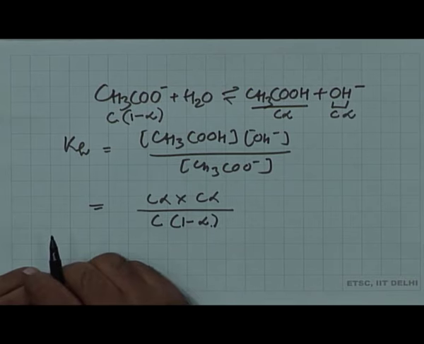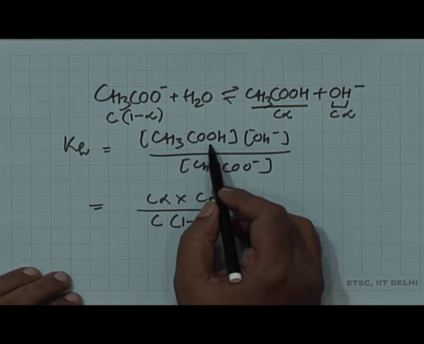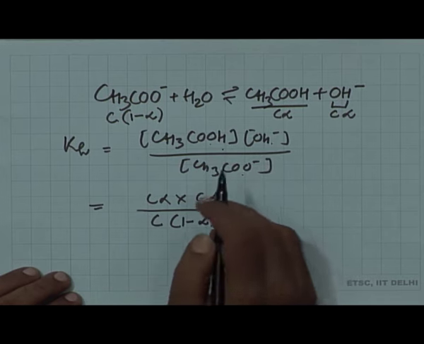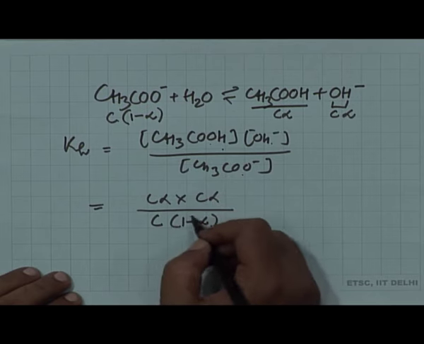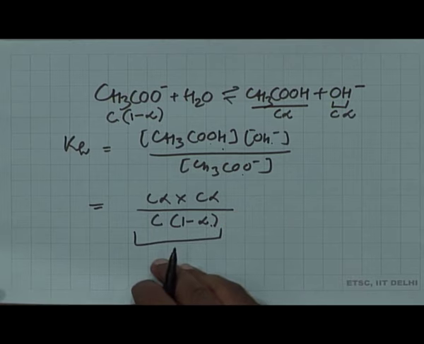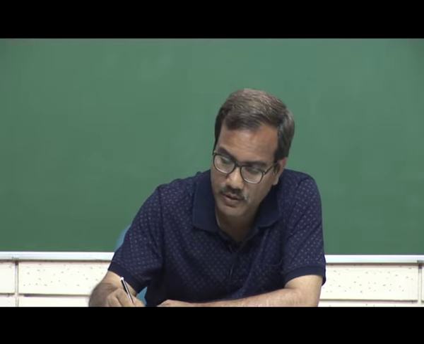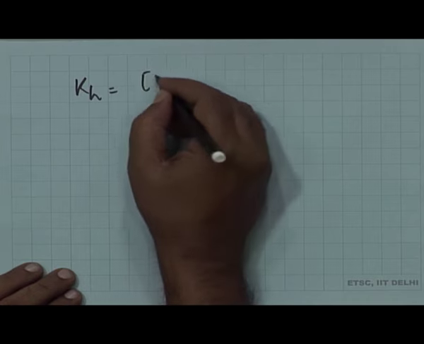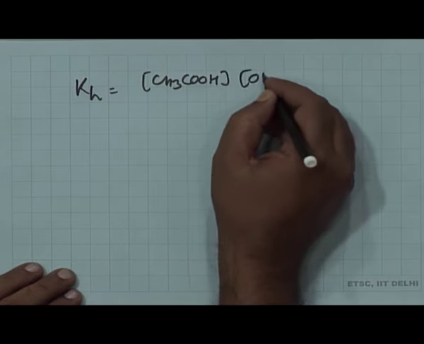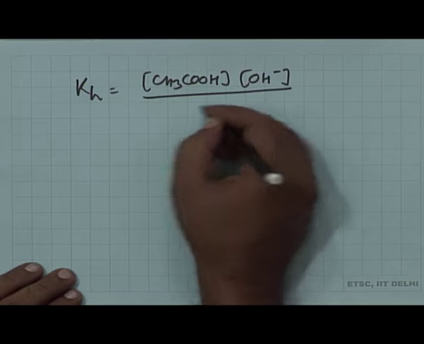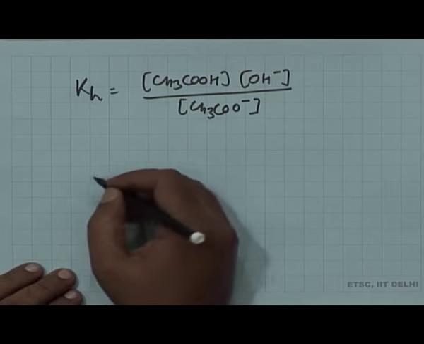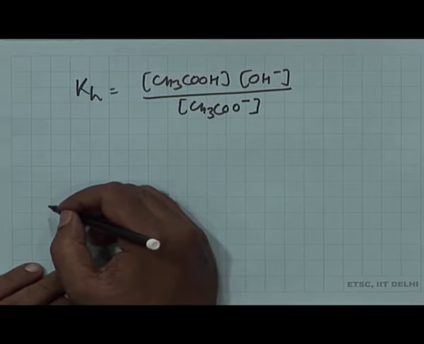So, Kh is acetate ion, acetic acid into OH minus over CH3COO minus ion, or you can express it in terms of alpha also. Now, Kh is CH3COOH into OH minus divided by CH3COO minus ion.